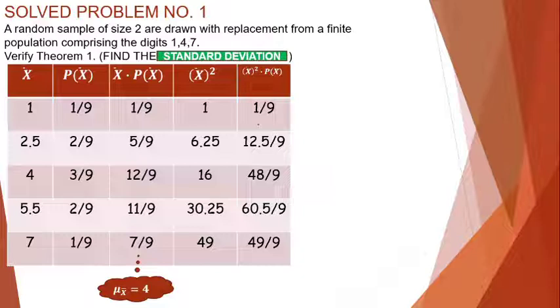Okay, going back. We have the squared values of the sample mean, which will be multiplied to the probability distribution. So, 1 times 1 over 9, 6.25 times 2 over 9, 16 times 3, and we have 30.25 times 2, and next we have 49 times 1 over 9.